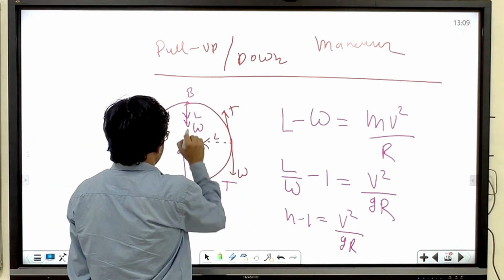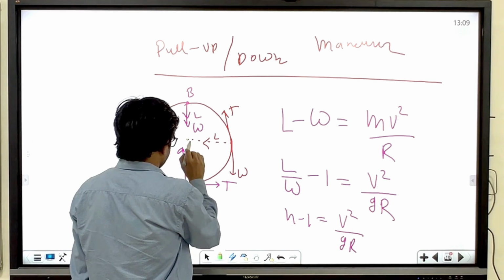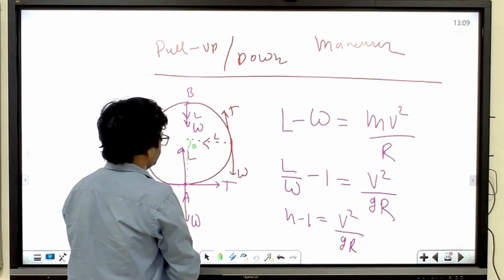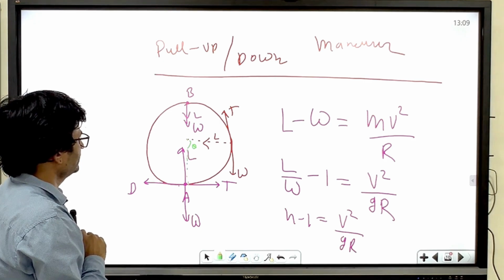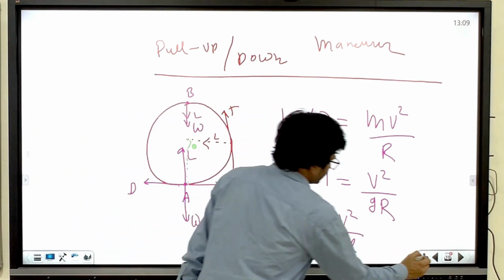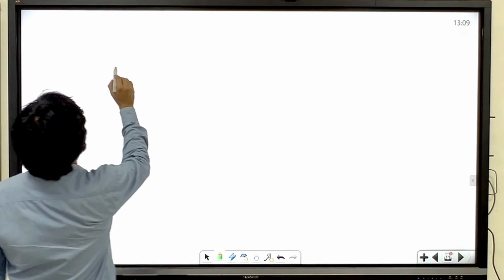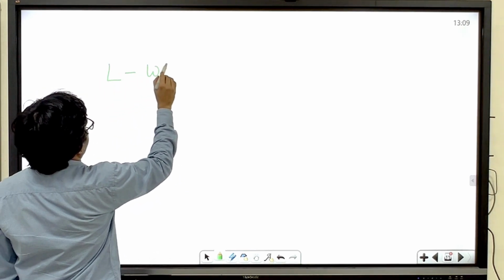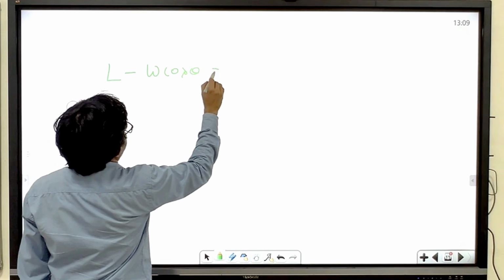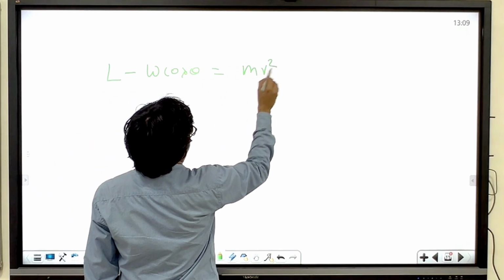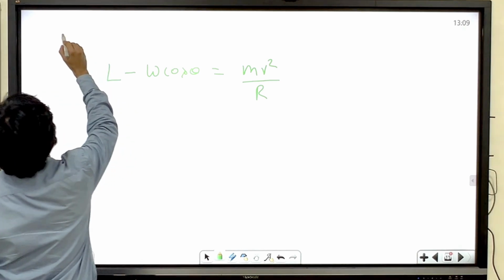You draw the vertical line here, and this is theta. Okay, so you can write the generic case: L minus W cos theta equal to m v square by r.